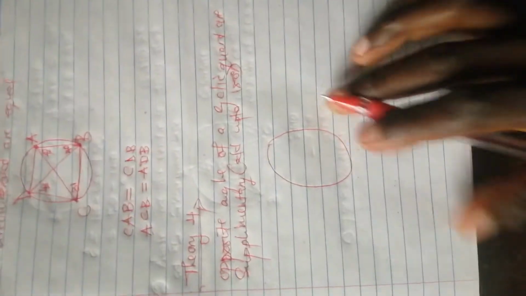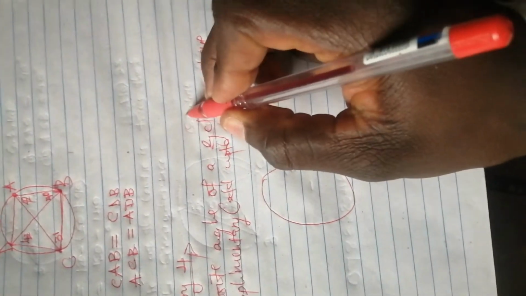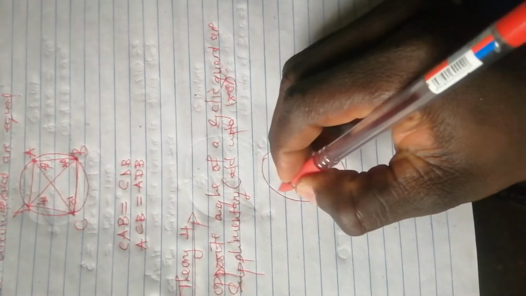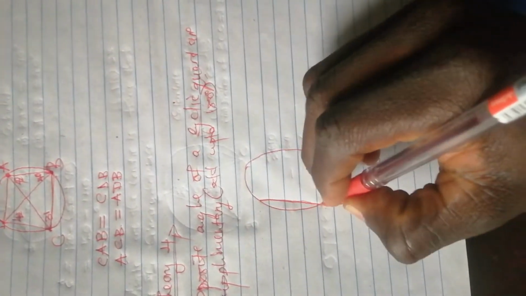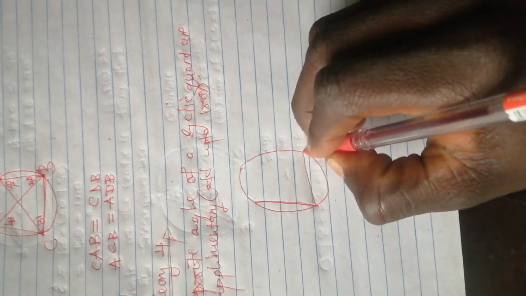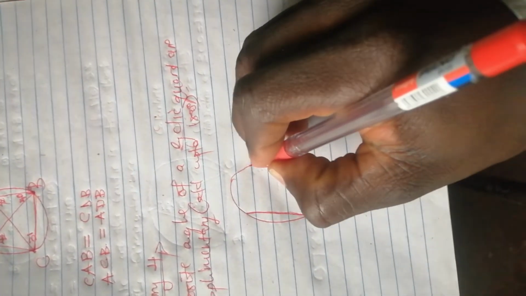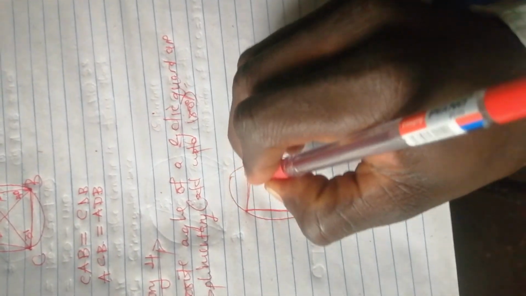This is the circle. So how do you know that this is a cyclic quad? The word cyclic comes from the word circle. And when we are saying cyclic quad, we are saying there is a quadrilateral, a shape with 4 sides inside the circle.